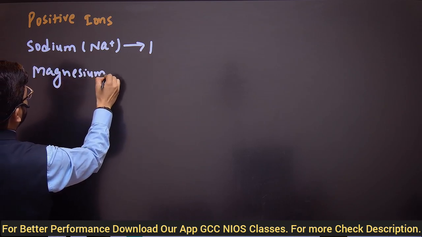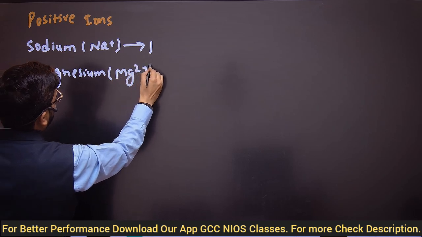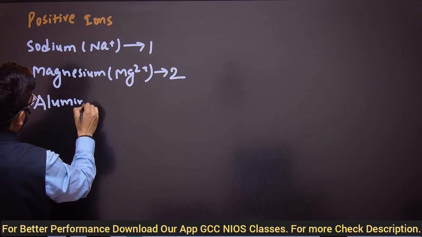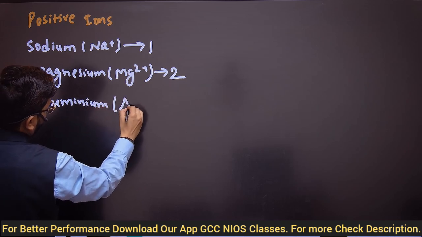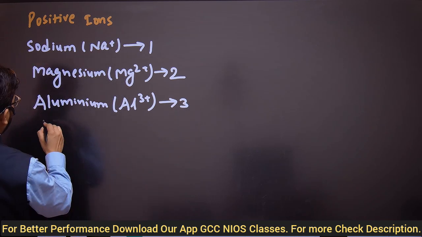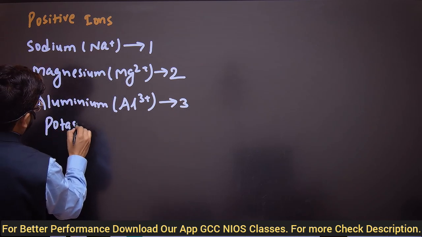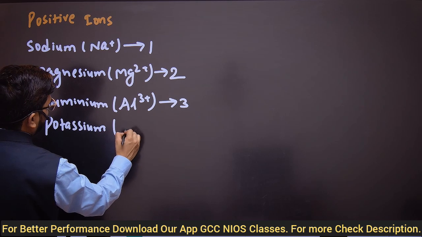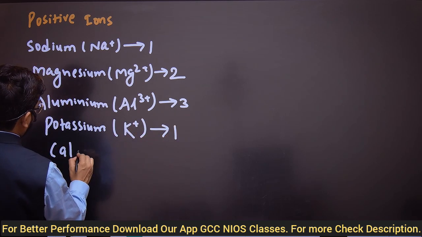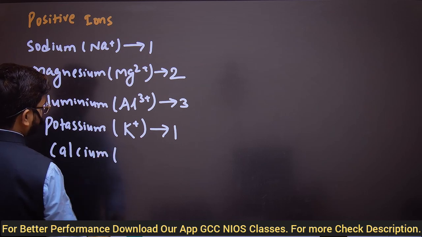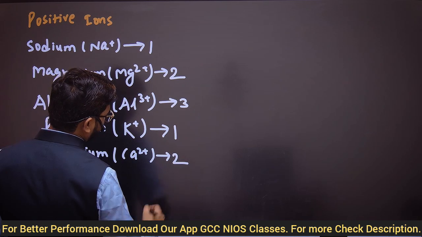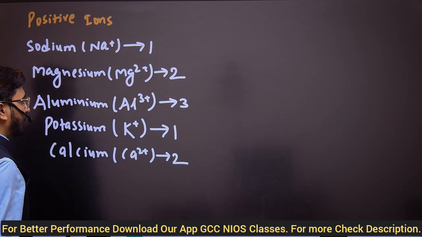Magnesium, Mg2 plus, its valency 2. Aluminium, Al3 plus, its valency 3. Potassium, K plus with valency 1. Calcium, Ca2 plus, its valency 2, and so many elements that have their valency.